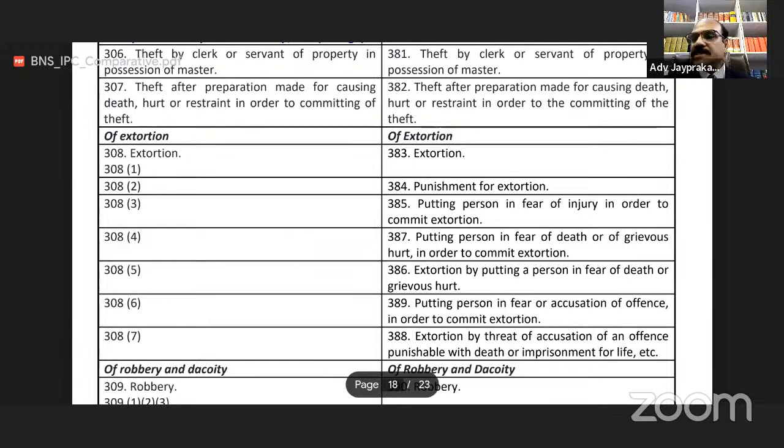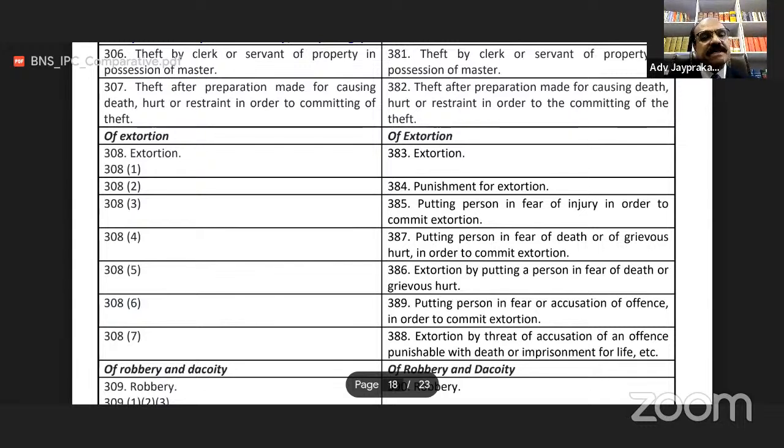That is called extortion. There are so many examples you can give of extortion. So friends, BNS section 308 is related to extortion. Its earlier section was in IPC 383.